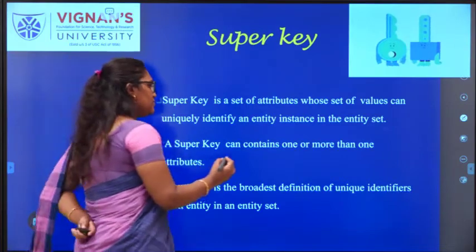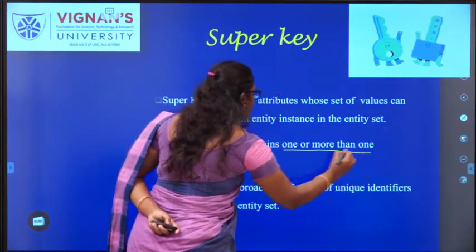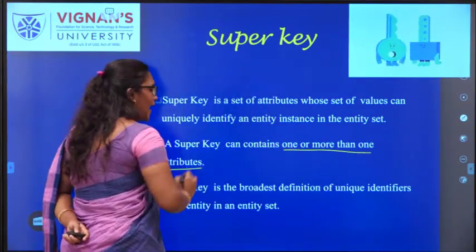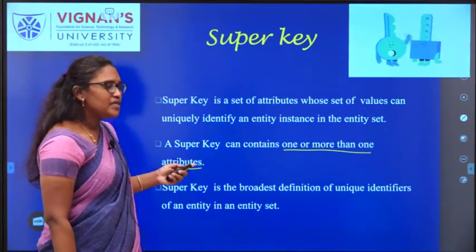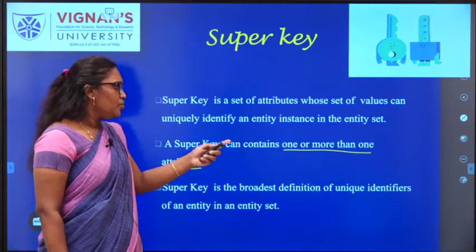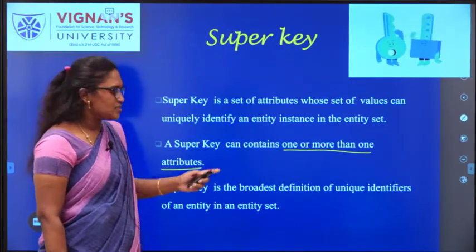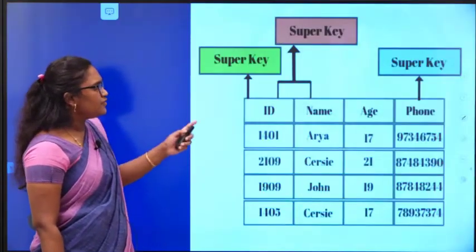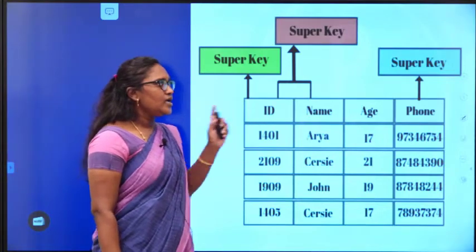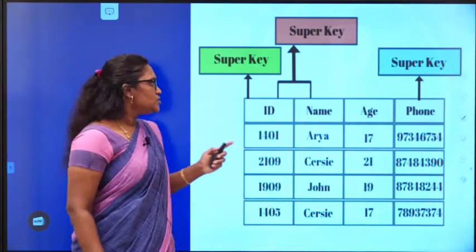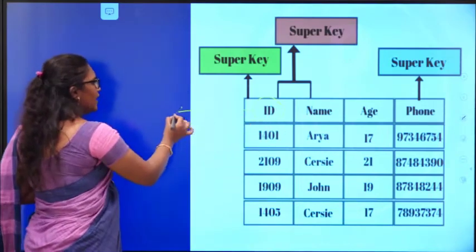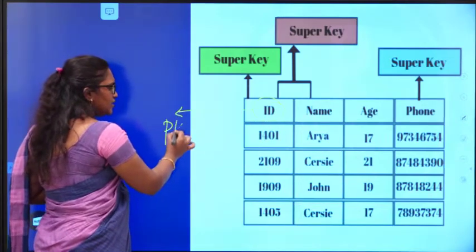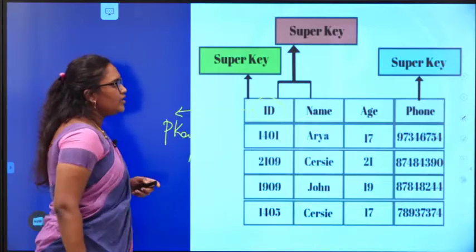So one more thing you have to remember, it contains more than one attribute. More than one attribute means you have more than one combination. So if you observe the super key, here you have a table. ID, obviously, we are calling as the primary key, right?